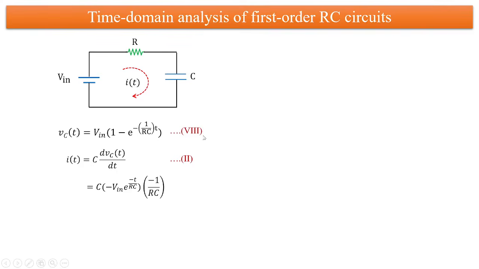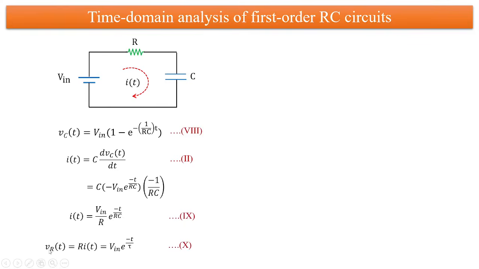Now you can see, from the second equation, third and eighth equation, I have just replaced the value of equation 8, and I have differentiated, and I substituted the current equation, that is I of t, and that is obtained to be V in by R e to the power of minus t by tau.